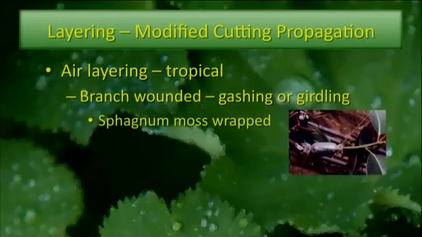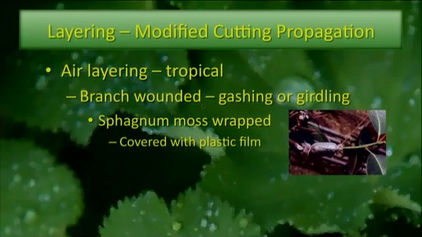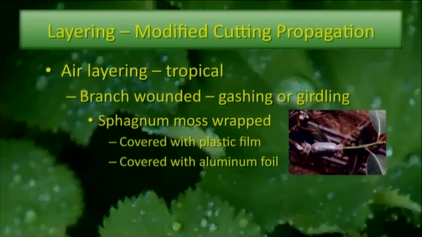Then you wrap it with dampened sphagnum moss, and cover it with a plastic film to provide resistance to dehydrating. You cover it with aluminum foil to prevent overheating and to reflect sunlight. When roots grow, the layer is removed and transplanted.